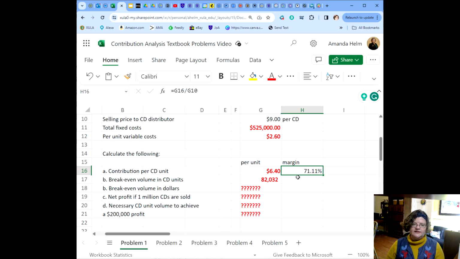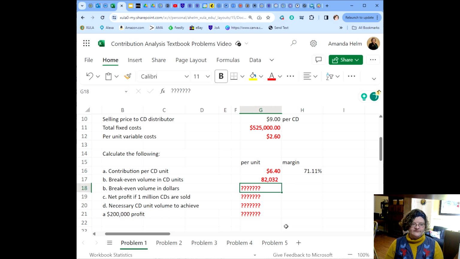This tells me that for every CD I sell, 71% of that money is going to be kept, and the other part of it is going to be used to cover the variable cost. So roughly 29% of every CD I sell goes just to produce the CD and pay those royalties, leaving 71% of that $9 for me.